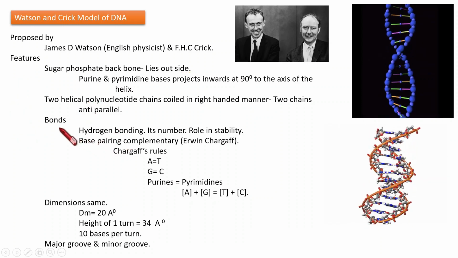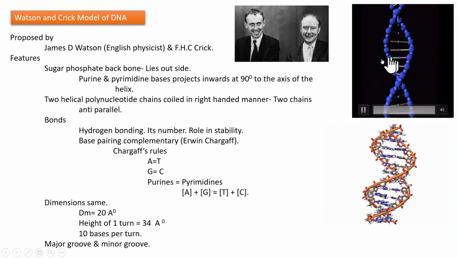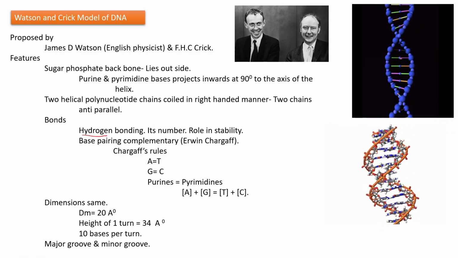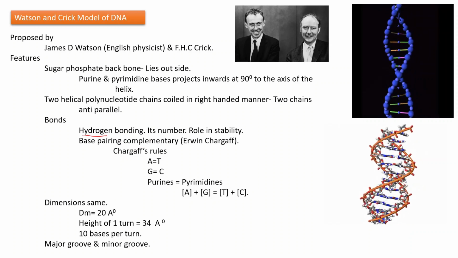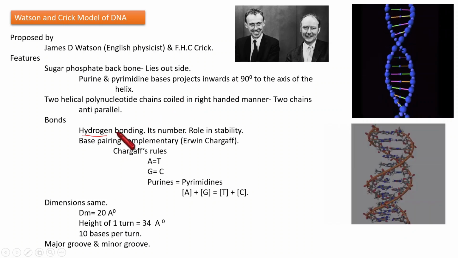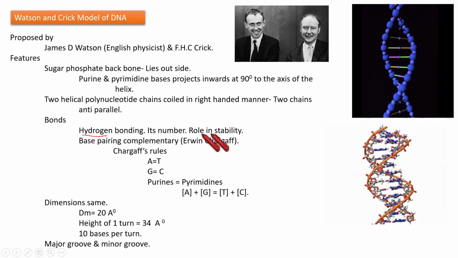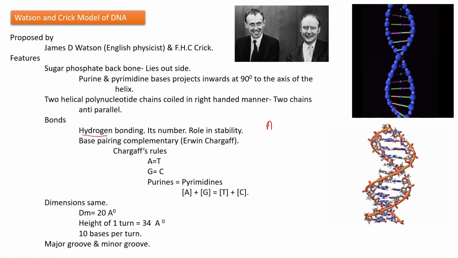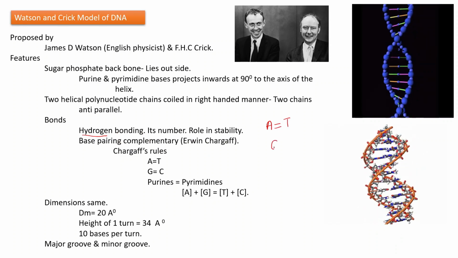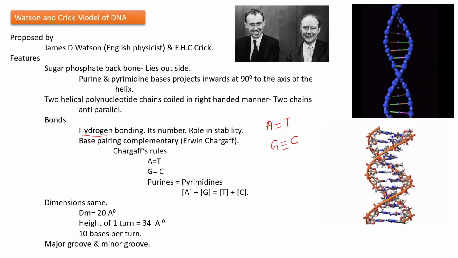The next point is regarding the bonds. The main bond that holds the bases together is the hydrogen bond. So purine and pyrimidine form a pair, and they form pairs through hydrogen bonding. Between adenine and thymine, how many hydrogen bonds can we see? 2 hydrogen bonds. Between guanine and cytosine, how many hydrogen bonds? 3 hydrogen bonds we can locate.